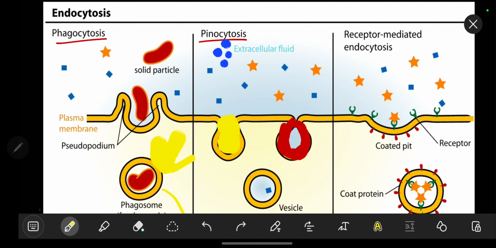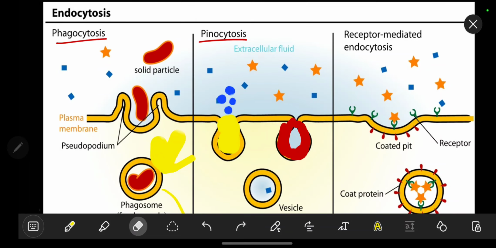Pinocytosis, on the other hand, is the one that we are now describing. This is where the cell intakes substances such as liquids and those substances that are able to dissolve. So let's imagine that these are substances that are able to dissolve and they are having some liquid parts from the outside. Then what begins to happen is that it moves like that, it moves like that, it moves like that.